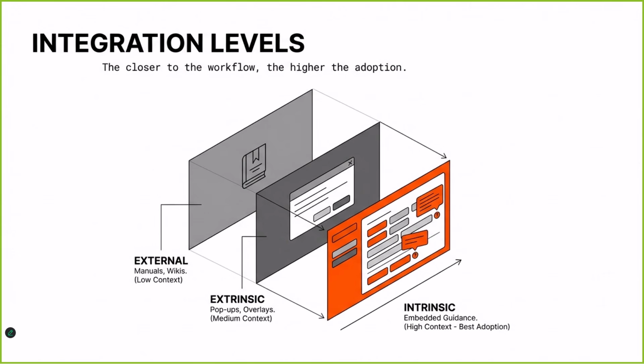Extrinsic would be within the system itself, there are pop-ups or overlays, and intrinsic is where you're actually doing configuration checks or configuration changes, they're built in. Obviously, it's mostly up to vendors to make it intrinsic. And it's up to us, in some cases, to make it extrinsic.